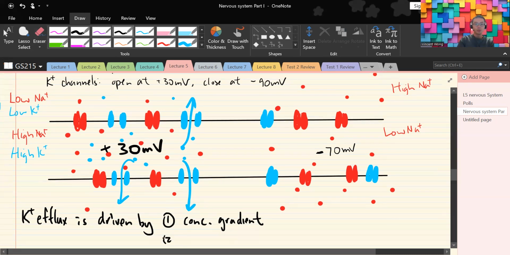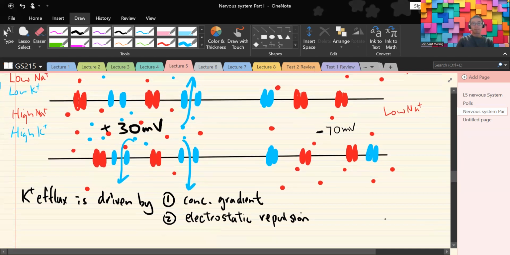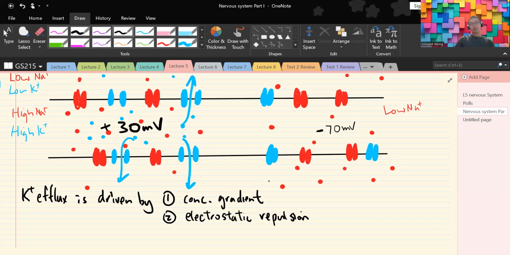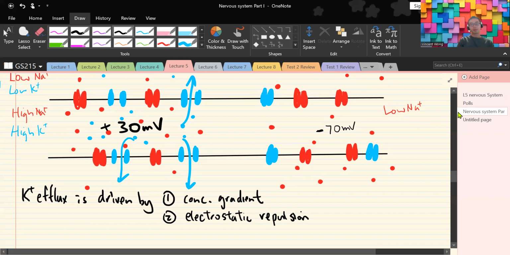And number two, there is electrostatic repulsion. There are so many positive charges on the inside, and they just want to push each other away. Sodium can't go out because the channels are closed, so the potassium are the only ones that are leaving. So these two factors combined will cause a lot of the potassium ions to leave the cell.